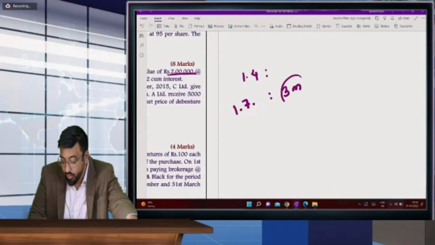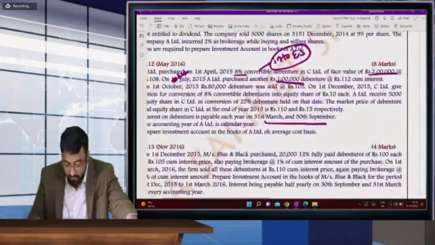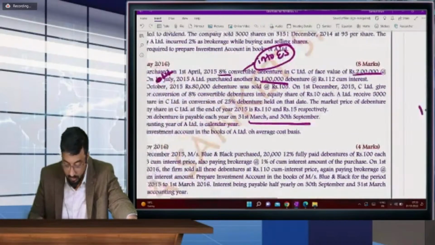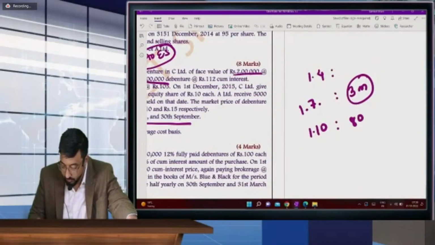So the past owner has to pay 3 months of interest. 1st July. Then on 1st October, debentures sold 80,000. Sold. Working note will be needed.